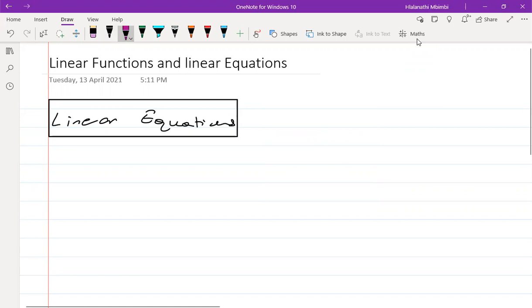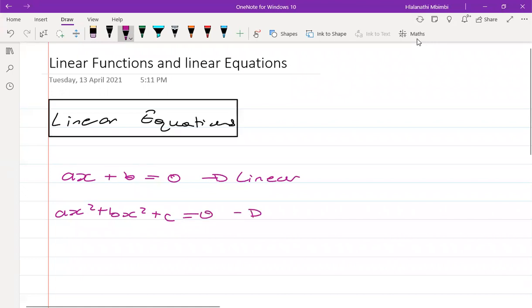You can have something like ax plus b is equal to 0. That's a linear equation. You can have ax squared plus bx plus c equal to 0. That's a quadratic equation.